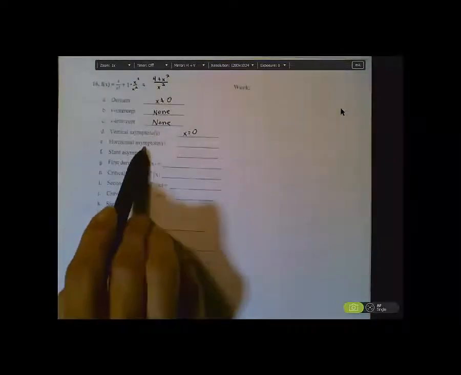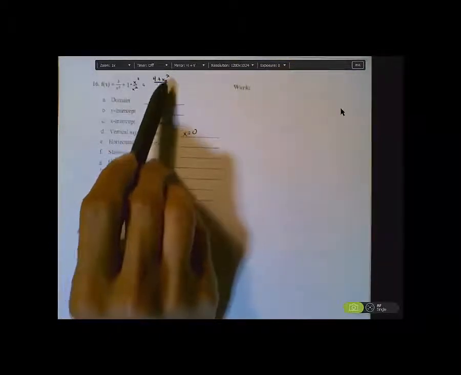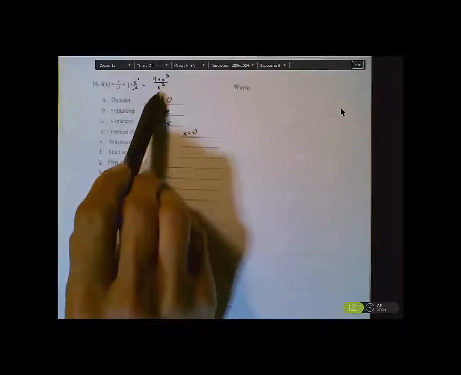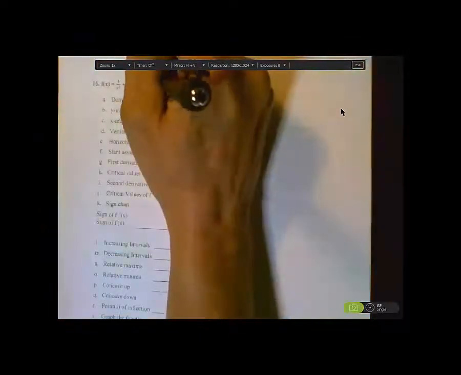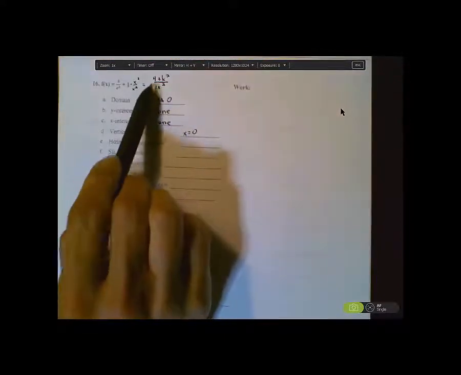What about horizontal asymptotes? Well, as a rational expression, we can say if the degree of the numerator is the same as the degree of the denominator, then the horizontal asymptote is the ratio of the leading coefficients. The leading coefficients are both 1. Leading coefficient doesn't necessarily mean the first number.